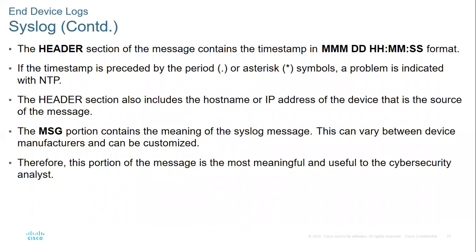All right. So in the header section, of course, the timestamp has to be represented in this form: the month, the year, the hour, minute, and then seconds. So you see, if the timestamp is preceded by a period or asterisk symbol, then a problem is indicated with NTP.